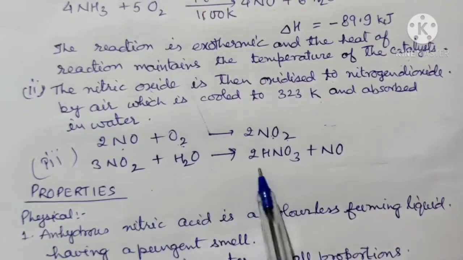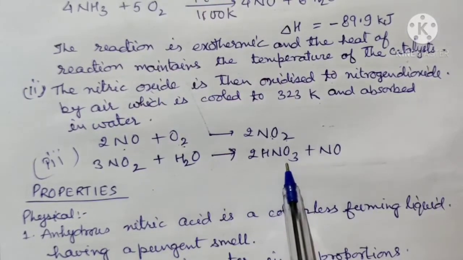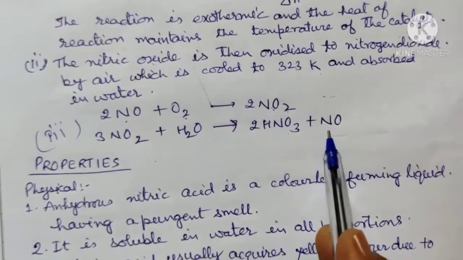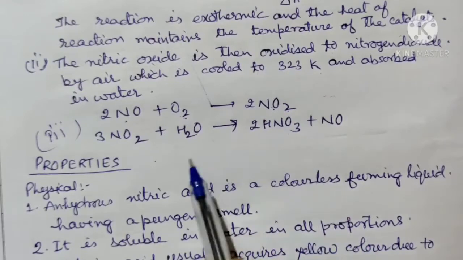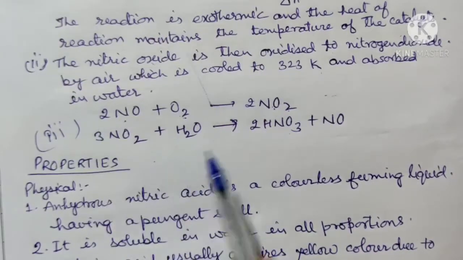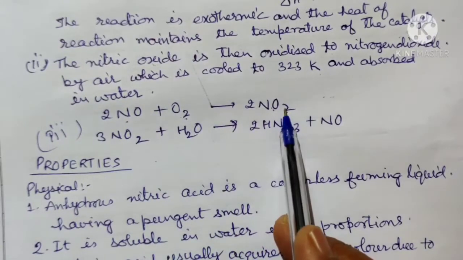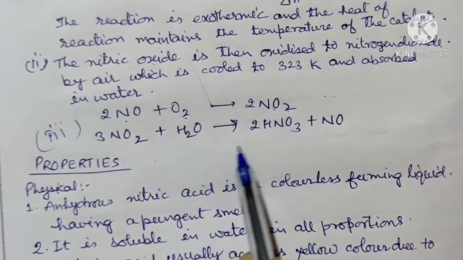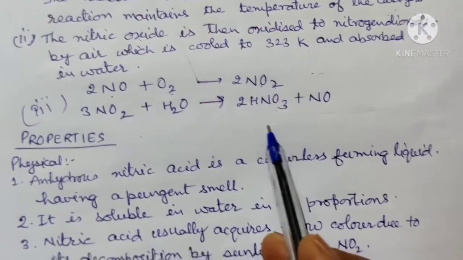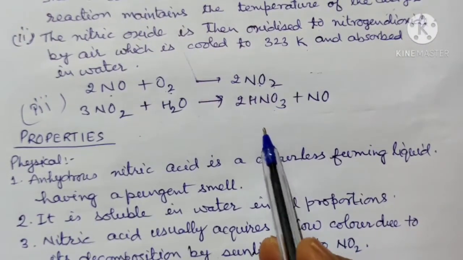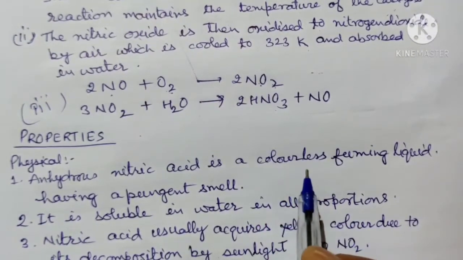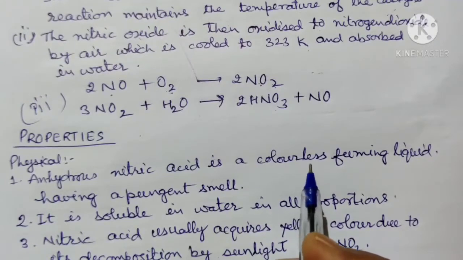When it is absorbed in water, it is converted into nitric acid, and some nitric oxide is formed. That is again sent to the chamber, where it can be oxidized again to nitrogen dioxide. In this way we can manufacture nitric acid. So this is the manufacture of nitric acid.